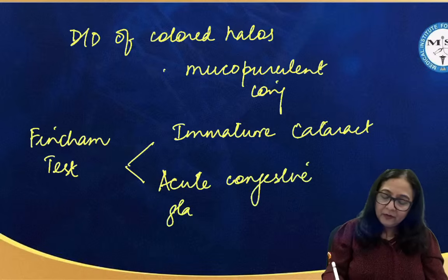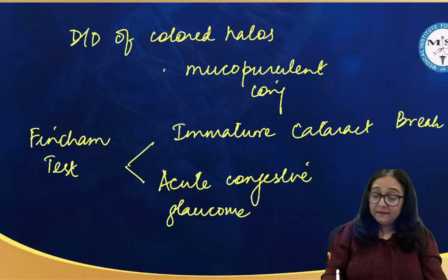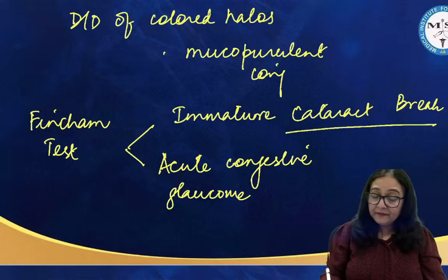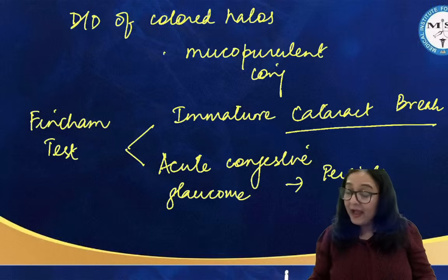So if the halos break, then it is cataract. If the halos persist, then it is acute congestive glaucoma. Absolutely right.